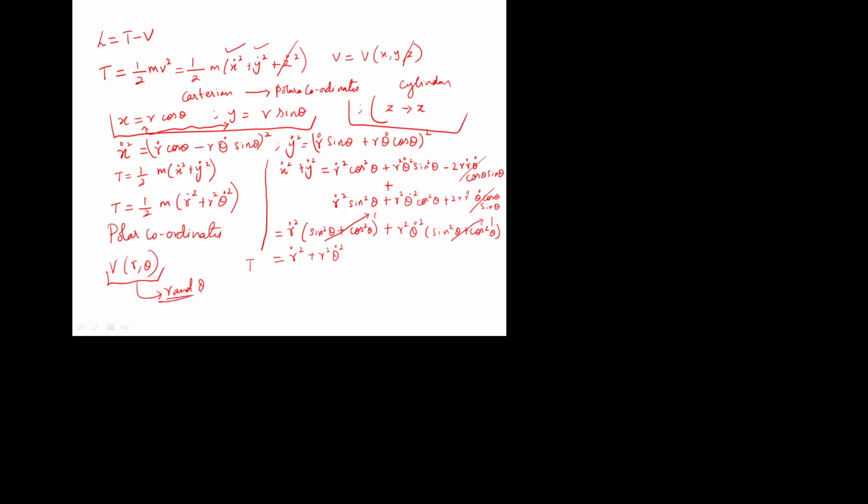Once we have any other term, then we have to switch to the cylindrical equivalent, so we will look into that later. For the time being, we discussed the Cartesian to polar coordinate transformation, and we ended up with the Lagrangian L equal to one half m times r dot squared plus r squared theta dot squared, minus V, which is a function of r and theta.